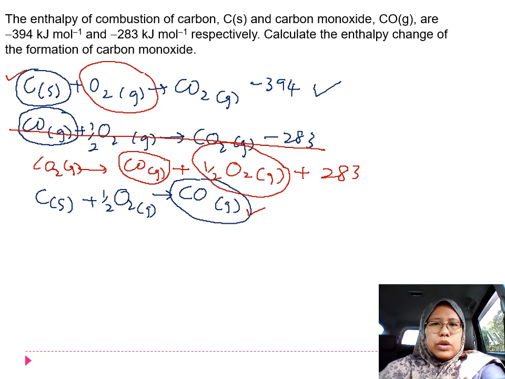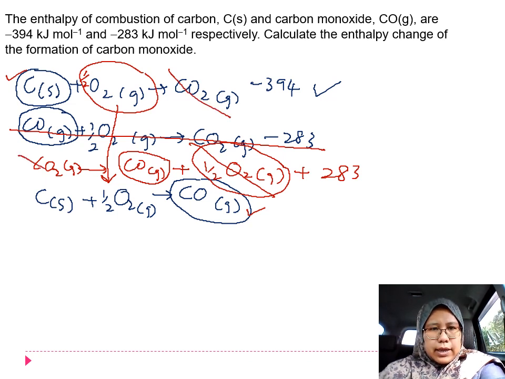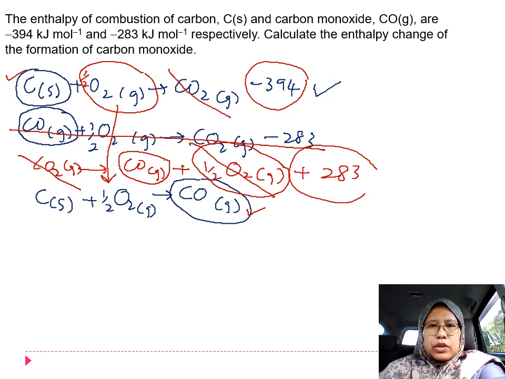So you are going to remove this, and this one will be left with 1/2. This is the one that is going here. And the CO2 will be cut off here and here. So you can total up -394 with positive 283. The answer is -111 kilojoule per mole.